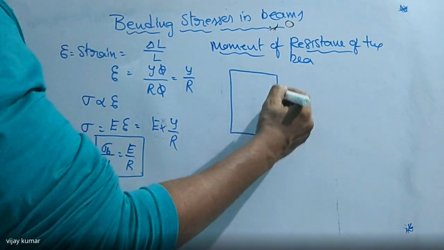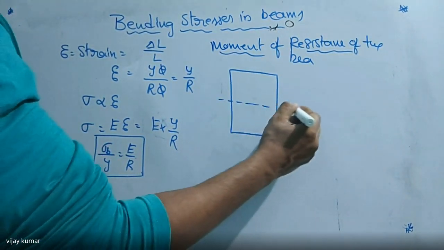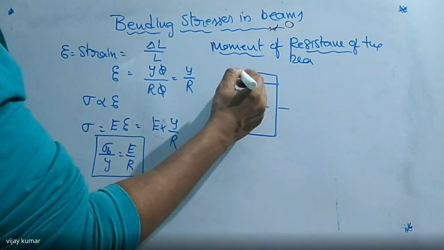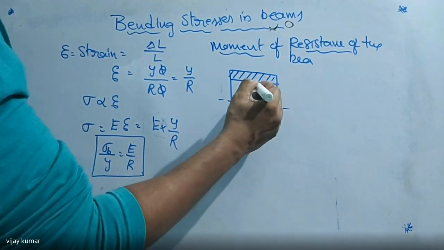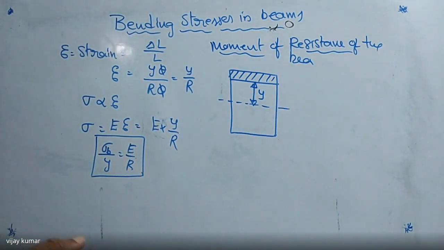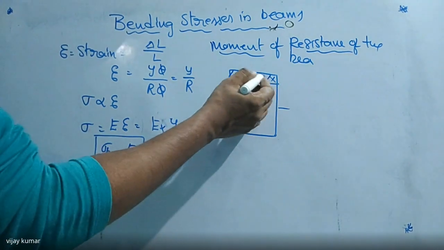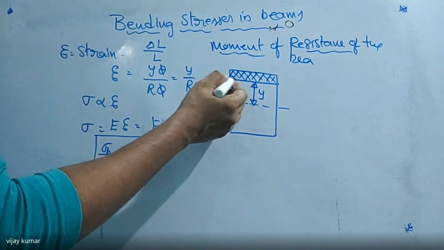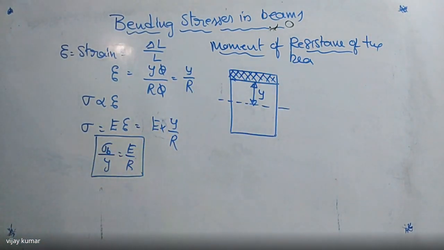I am taking a rectangular cross section. I am taking a small element on this cross section, and this element is at a distance of Y. Do you get my point or not? I am taking the distance as Y. So this area is small dA. We can assume it like this.